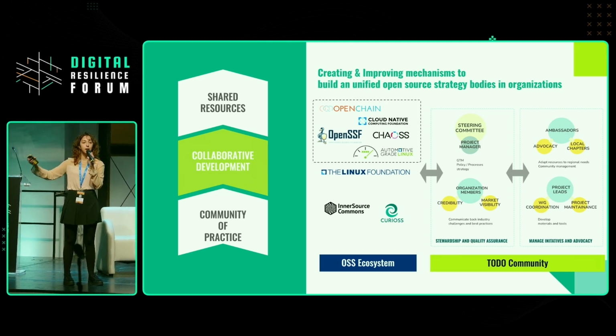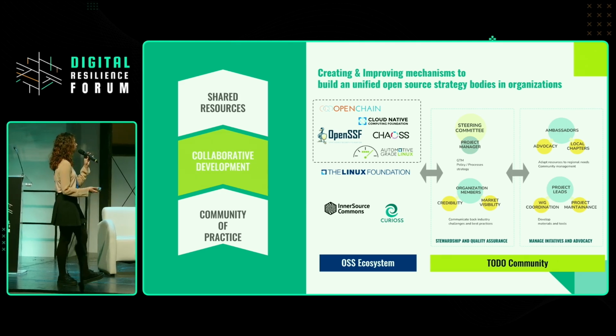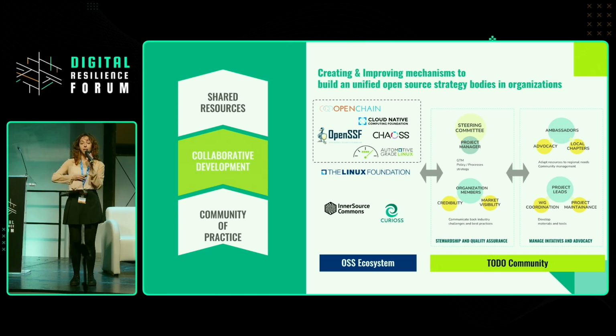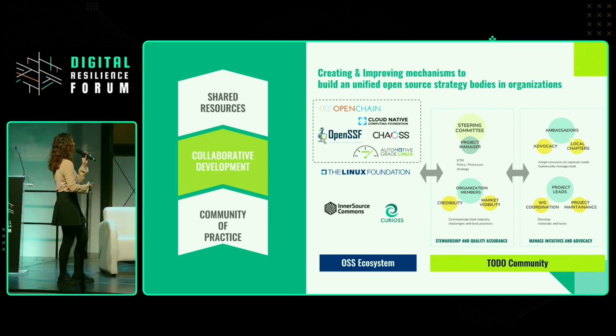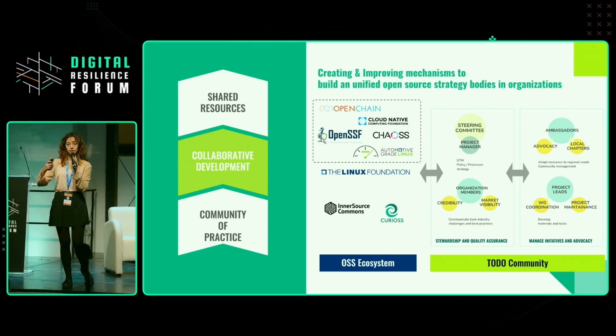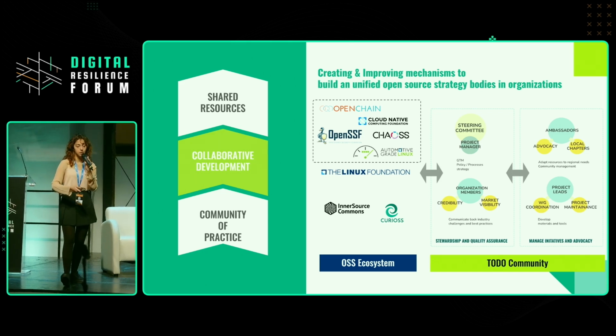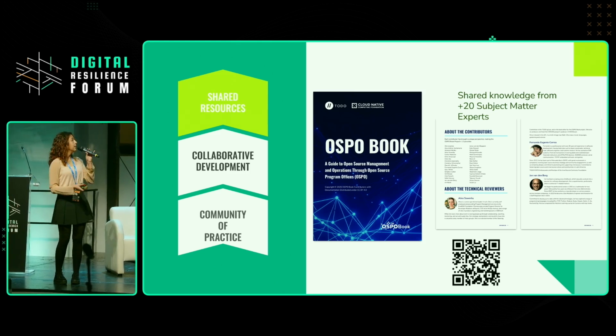They have local chapters across different regions to translate these learnings across different countries and locations. Then we have the project leads managing different resources and initiatives within the community, and we collaborate with the open source ecosystem across different industries and sectors, such as security, and metrics and project health, and so on. And the OSPO Book is one of these resources.